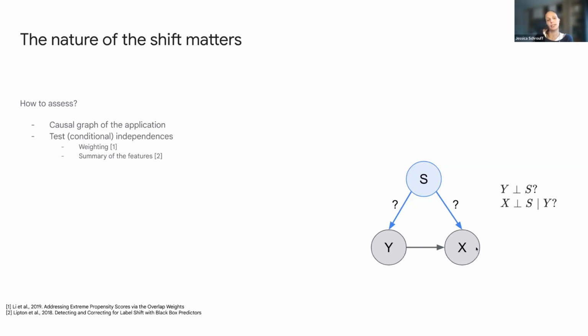Now, X here, because we are in medical imaging, is very high dimensional. So we rely on a summary of the features. This can actually be any kind of summary you want. But in Lipton et al., when they were doing the label shift detection, they used a black box neural net where they pass the image, take the prediction out, and this is their summary.